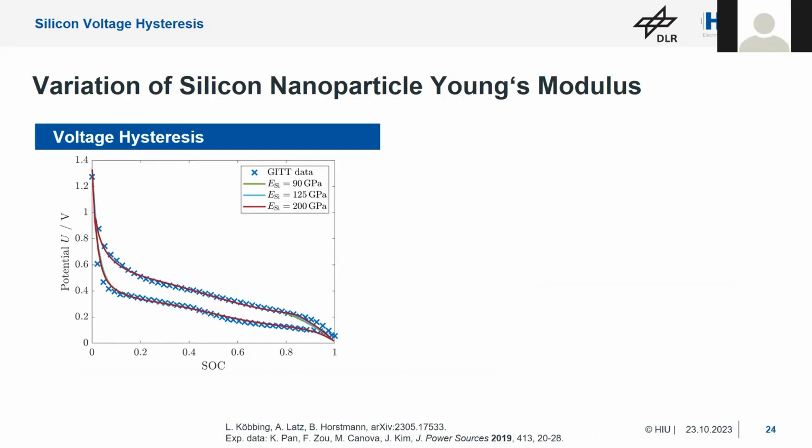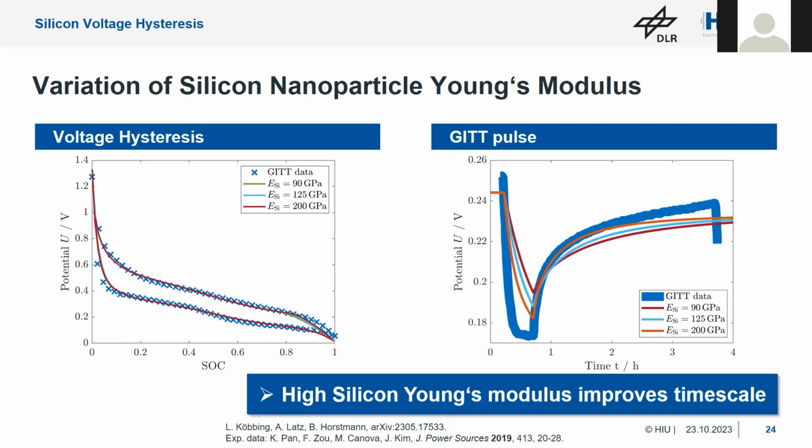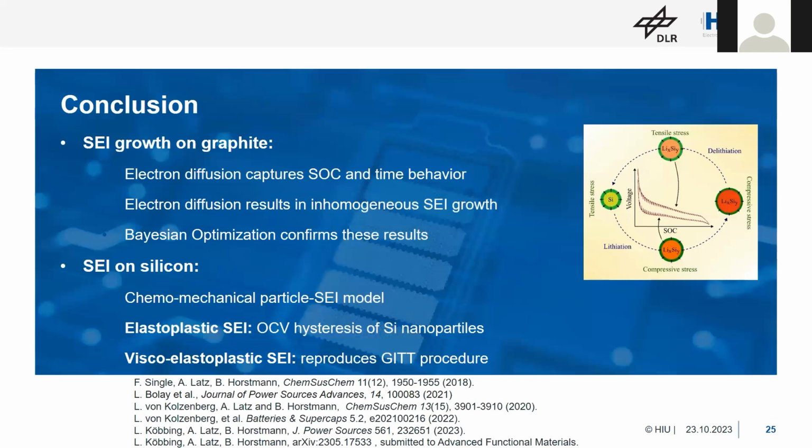And then we also have to look at the Young's modulus of the silicon nanoparticle, and see here that more or less we get the same results for 100 gigapascal to 200 gigapascal, which is also a valid range for nano-sized silicon. Okay, so with this, I'm at the end of my talk, and I conclude.